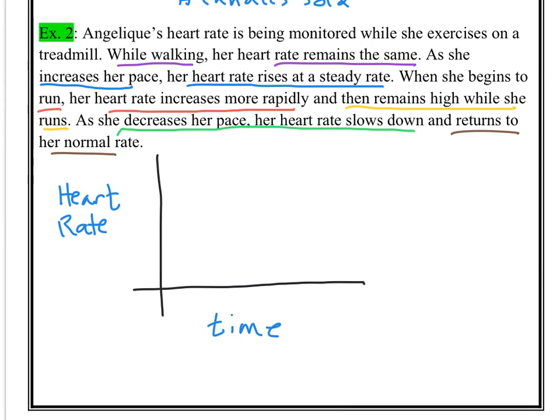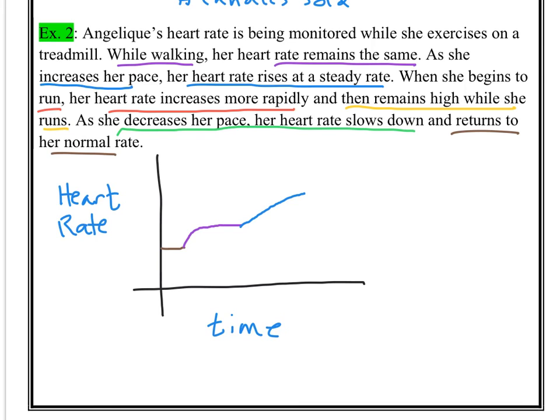And so she's going to start to walk. Let's start off with her normal heart rate. If this is her normal heart rate, she's going to start to walk. And just the act of walking is going to increase that heart rate, and it's going to go to a steady whatever it is. Okay, and then she's going to increase her pace, and so that's going to raise her heart rate a little bit more.